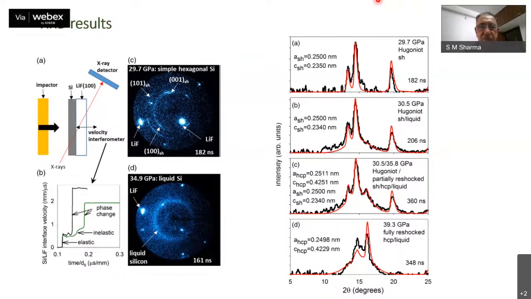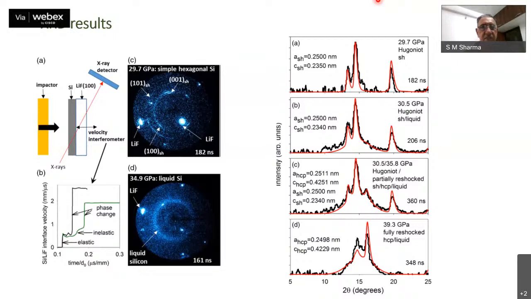So the first experiment which we did was to shock silicon to somewhere close to 25, 26 GPa to see whether there are any signatures of a phase transition.